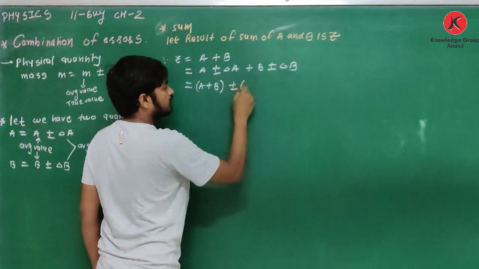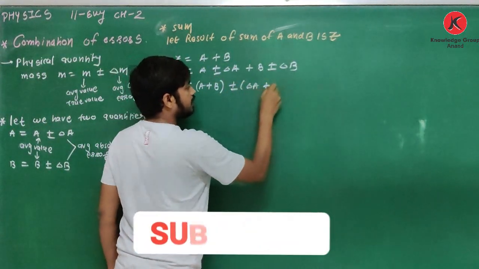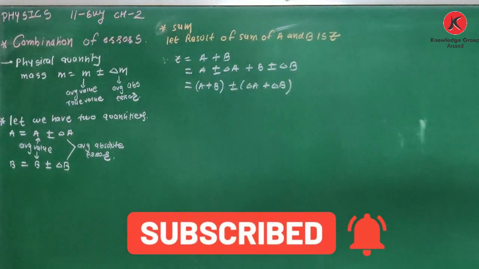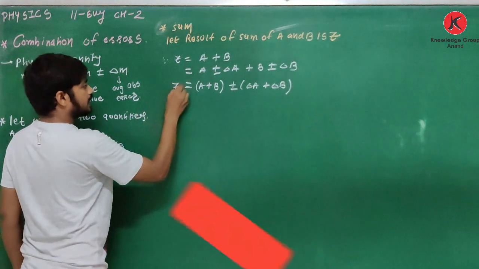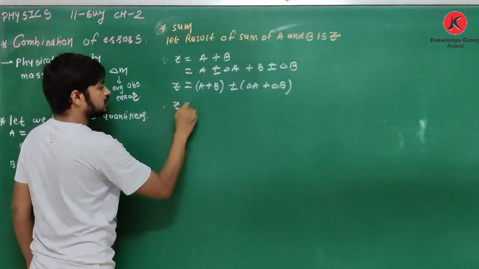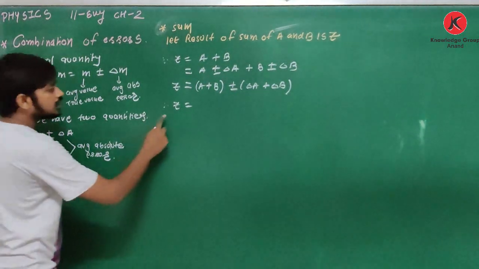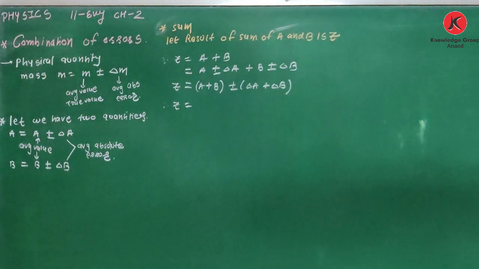So I can write it as plus or minus delta A plus delta B. Clear about this? How to write this equation? Okay, it is Z. So now, see students, if I can write A is equal to A plus or minus delta A, B is equal to B plus or minus delta B, then the resultant quantity I can also write.